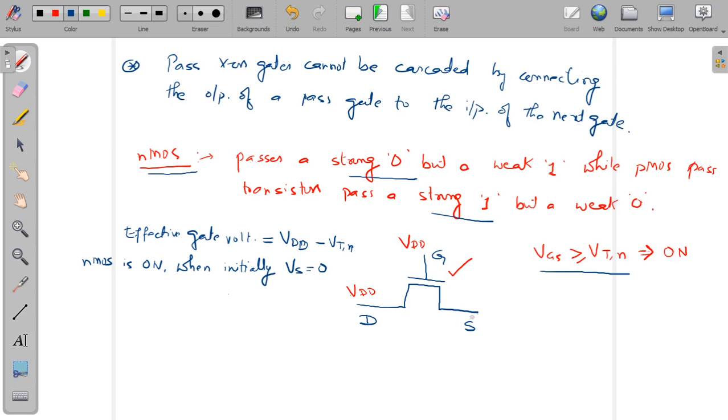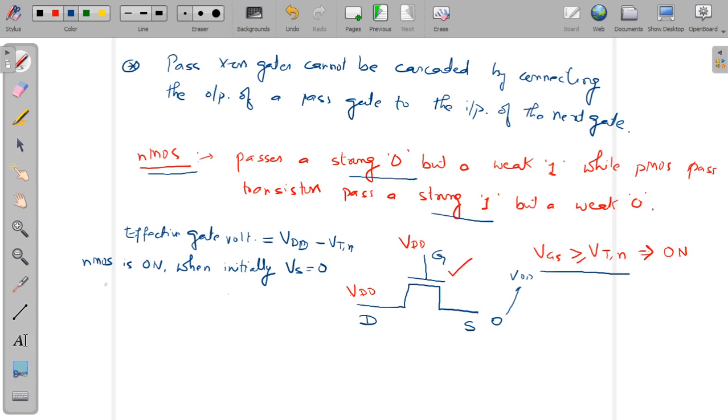So initially it was assumed to be at zero potential. Now the switch is on and this voltage is passing to the source, and it will start to rise toward VDD, which is passing between drain and source. This is the scene here.